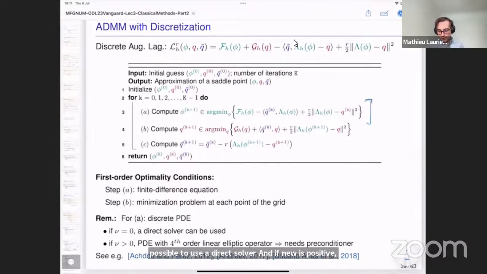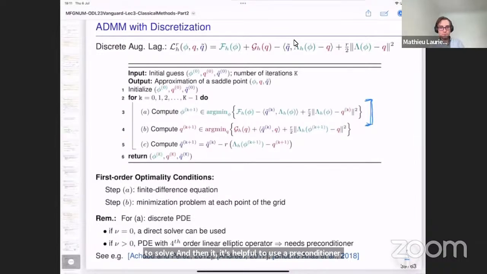The finite difference equation you are going to get here is not the same as the ones we saw before, the HJB and the Kolmogorov-Fokker-Planck equation. It is an equation which involves a bi-Laplacian somehow, at least when nu is positive. So when nu is positive, the problem is more difficult to solve, and then it's helpful to use a preconditioner.